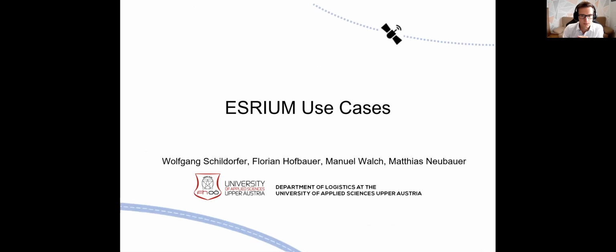We are currently working together with international project partners on the Horizon 2020 project Esrium, which, as Matthias mentioned earlier, stands for EGNSS-enabled smart road infrastructure usage and maintenance for increased energy efficiency and safety on European networks. And today I would like to present the use cases of the Esrium services that were formulated in the early phase of the project.